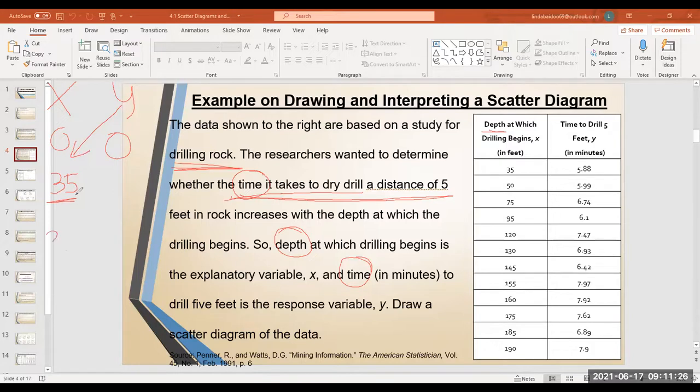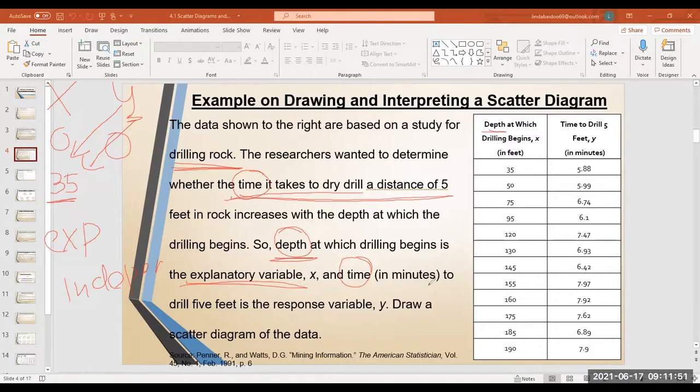Because of that, explanatory or predictor is also called the independent variable. It doesn't depend on anything, but the time here is dependent on the height. So the response is also called dependent. The response always depends on X. So here we are fortunate. It has already told us that height should be explanatory.